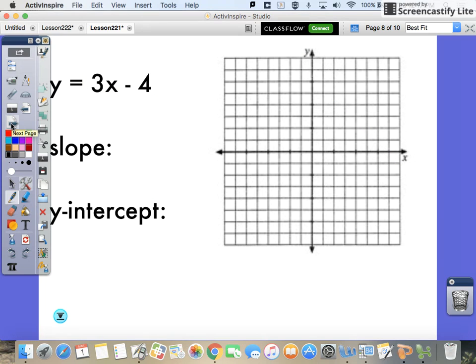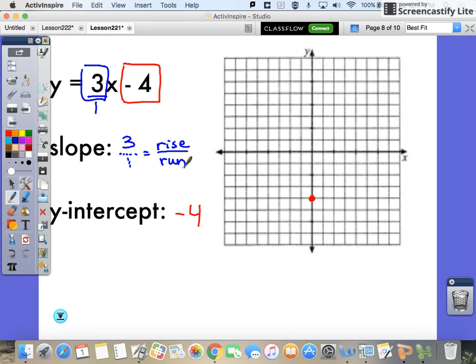All right, so this one, if you want to pause it and give it a try yourself, go ahead. But our intercept is -4, so we go 1, 2, 3, 4 in the negative, and our slope is 3. Again, this makes students panic, but you can always put it over 1. So your slope is 3 over 1, which is your rise over run.